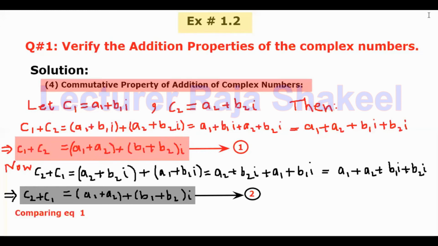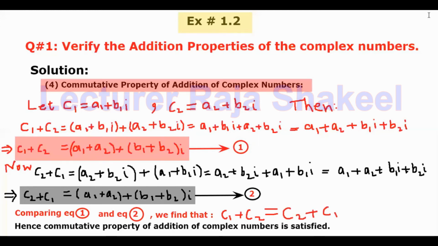Therefore, comparing equations 1 and 2, we find that C1 plus C2 is equal to C2 plus C1. Hence, the commutative property of addition of complex numbers has been proved.